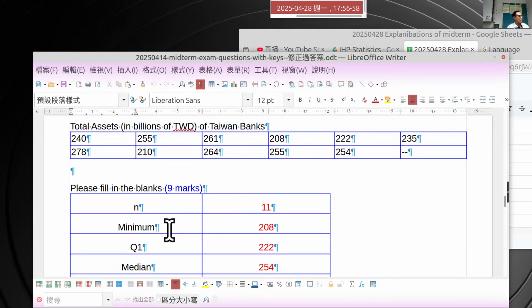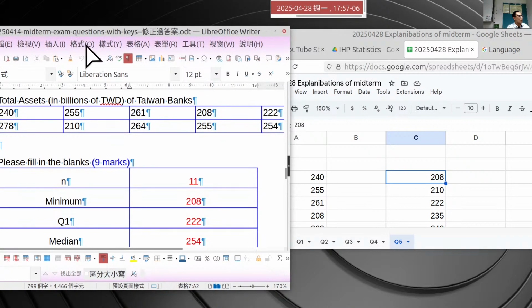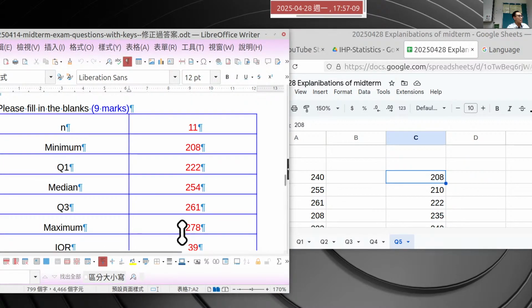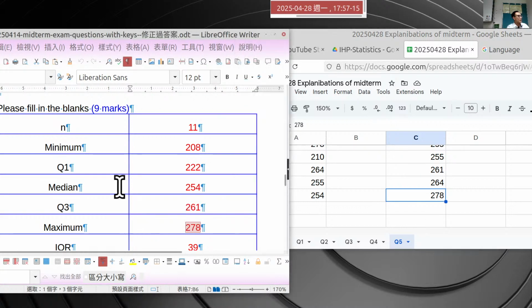N is 11. What's the minimum? The minimum is here. 208. What's the maximum? Maximum is the largest one. 278.